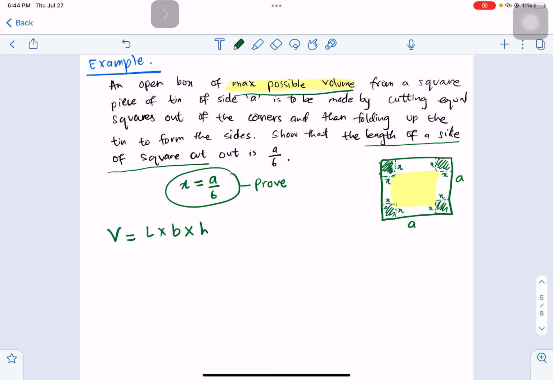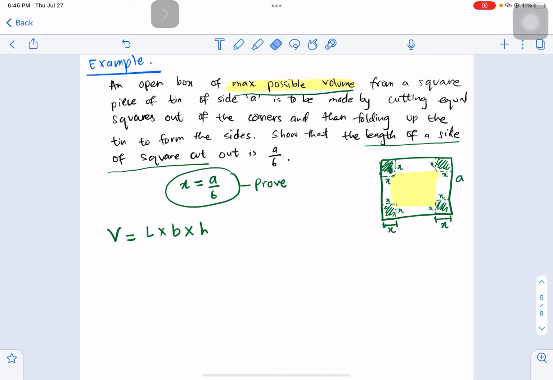From this end to here is x, and you have another x here.